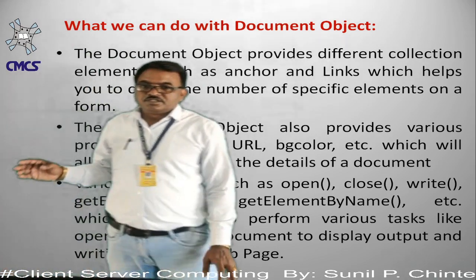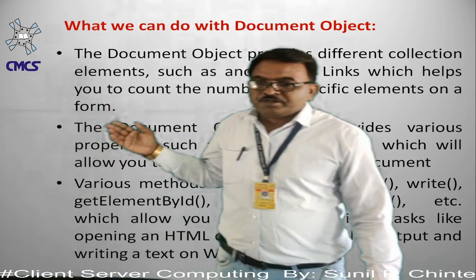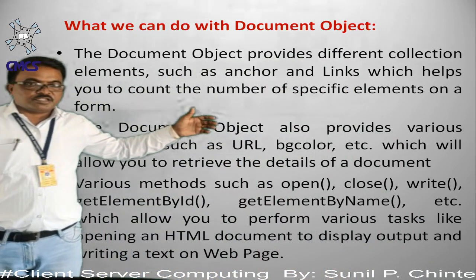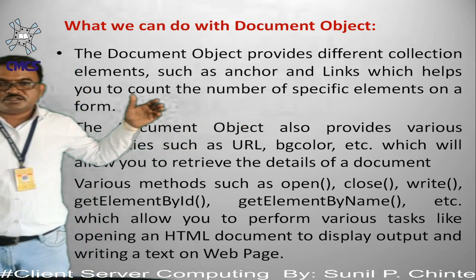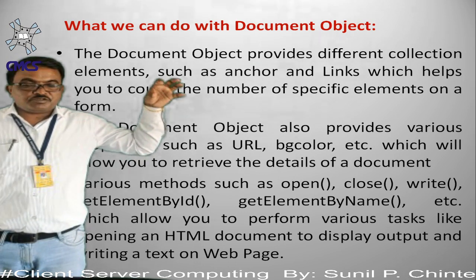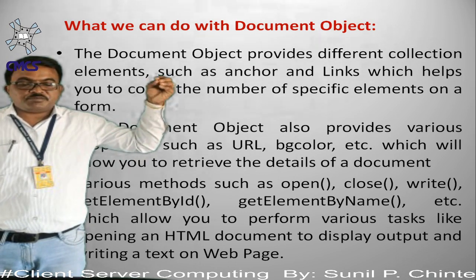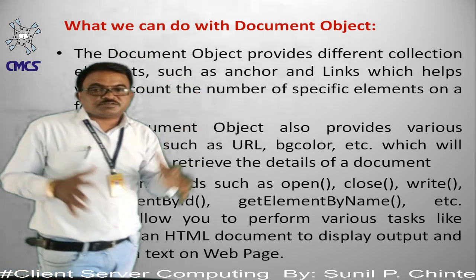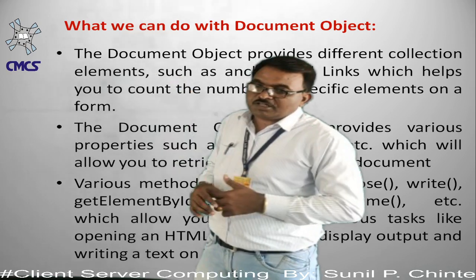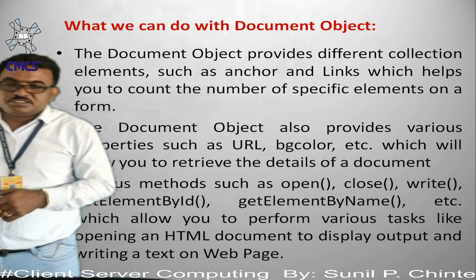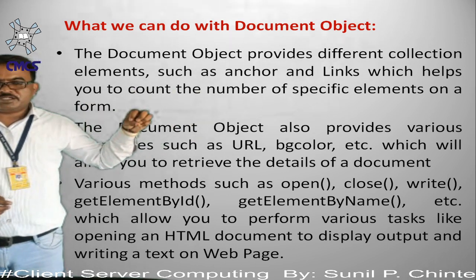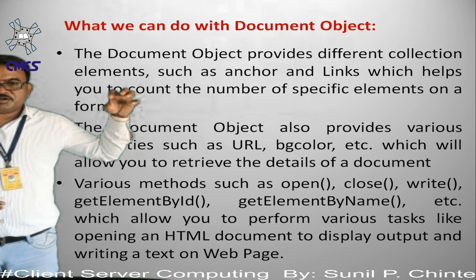By using the document, you can count the number of specific elements on the forms. एक फॉर्म्स के अंदर कितने स्पेसिफिक जो भी एलिमेंट्स आपको काउंट करना है, that can be counted by using the document object. Similarly, you can retrieve the details about the document.